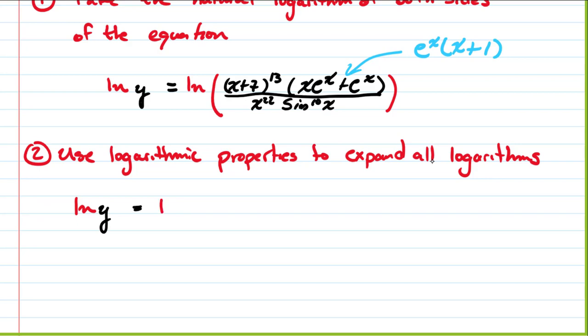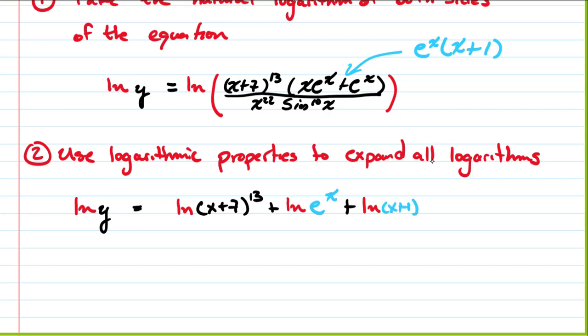So I have the logarithm of x plus 7 to the 13th plus, I'm going to get a logarithm for my next factor, which we factored, natural logarithm of e to the x, plus a logarithm for my next factor, which is the x plus 1.